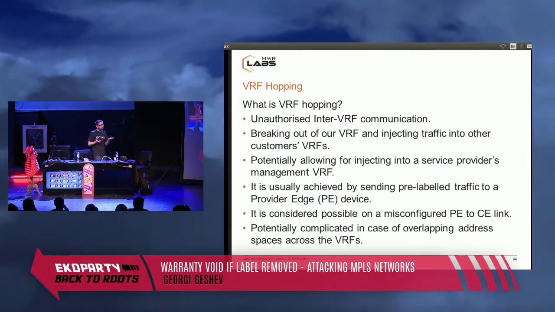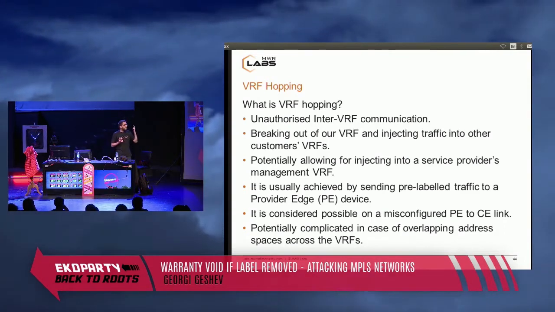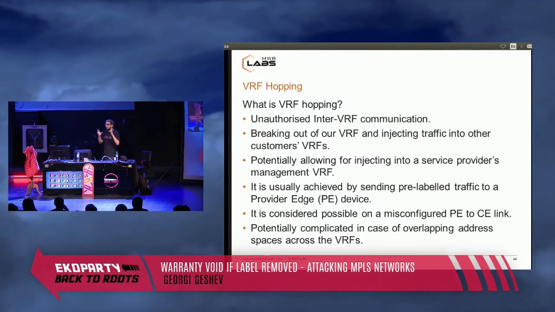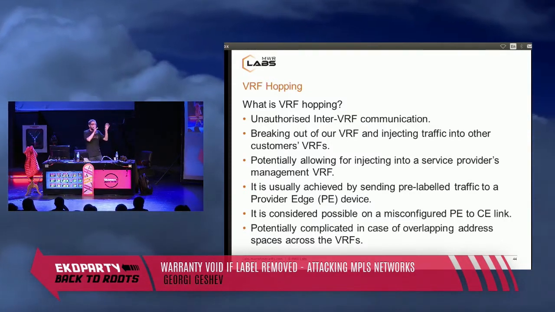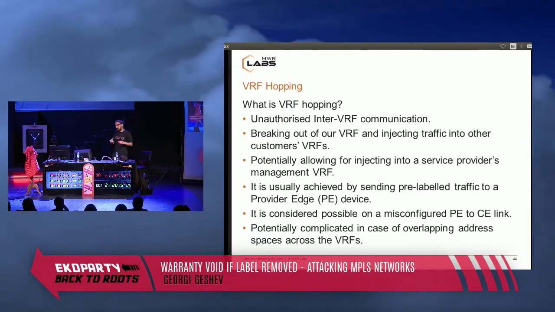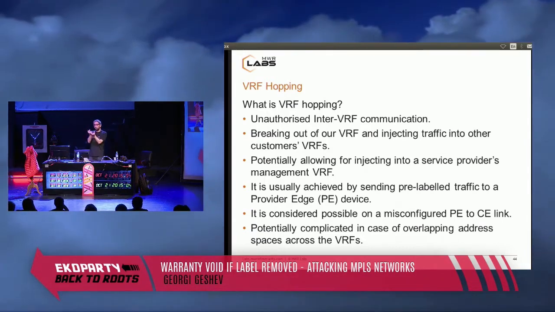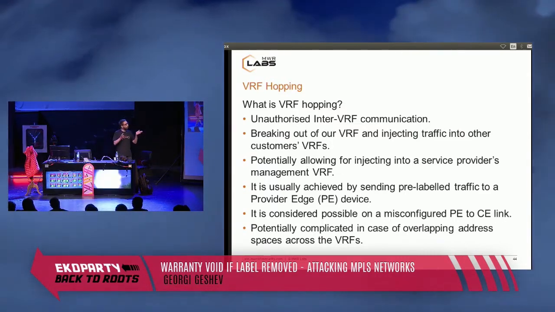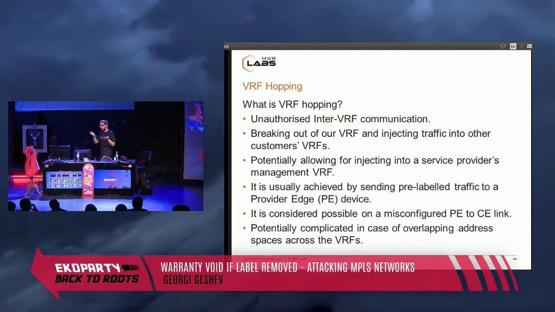Slightly complicated would be the scenario where you have overlapping IP address spaces across the VRFs. I told you that it is possible for various VRFs to have an overlapping address space. But because these are fully isolated, allegedly, this should not be a problem when routing decisions are made.